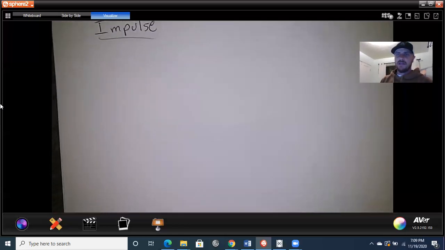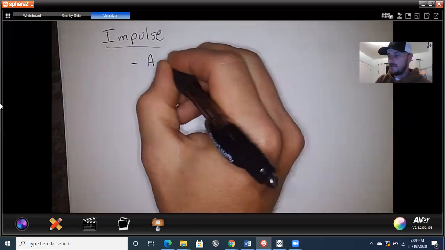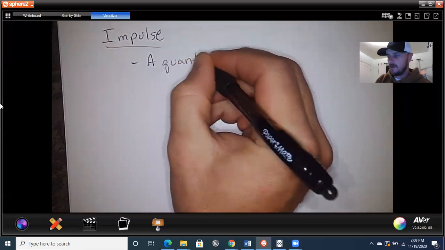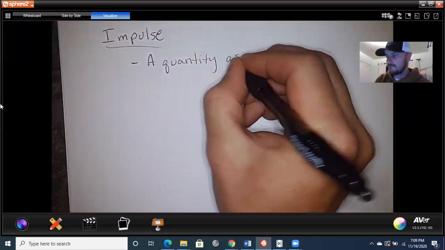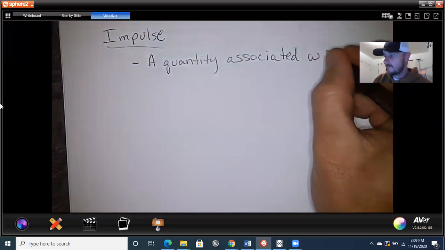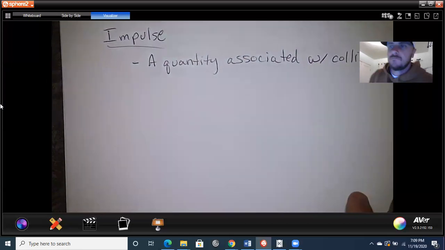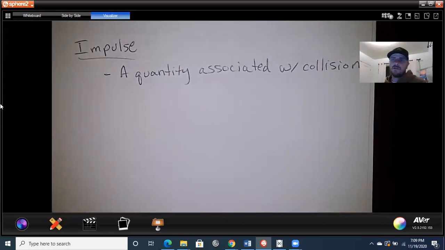And what are we going to say? Well, let's give you a verbal definition on this too. A quantity associated with collision. And really, I'm not just going to tell you the equation, we're going to develop it.